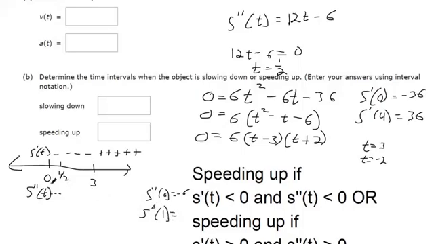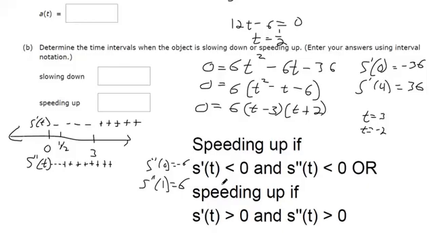You can pick whatever points you want, anything to the left of 1/2, anything to the right of 1/2. I just picked 0 and 1 because they seemed easiest. Because that's where it crosses the x-axis, everything else is going to follow suit to the right. If I plug in 1 for t, 12 times 1 is 12. 12 minus 6 is 6. It's a positive number, so that means everything to the right of 1/2 is going to be positive.